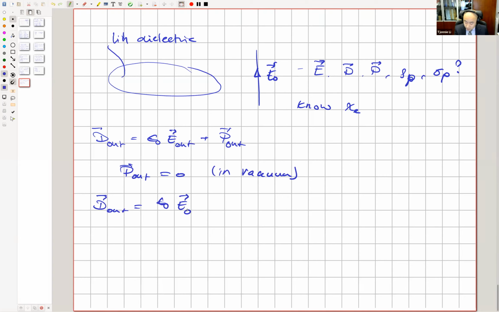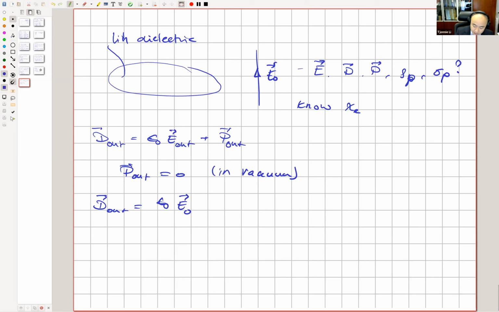Okay, so now we need to look at how I evaluate this on the inside. Well, I have some linear dielectric, which is otherwise neutral, so no free charges. Even if there were free charges, the next step would be to consider the boundary condition: what is the relationship between the D outside and the D inside?